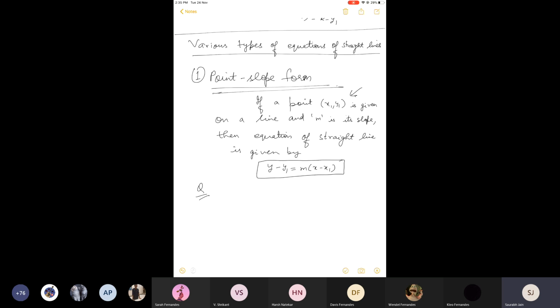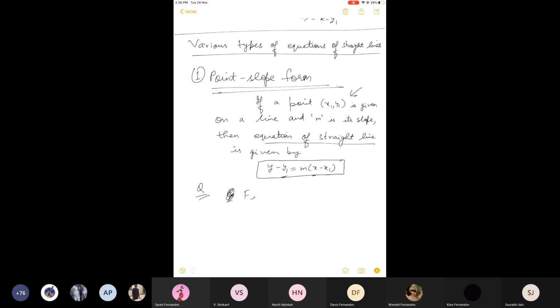Okay, you need three things, or basically two things. One is a point on a line, and the slope. You put all those values in this equation and you will get the equation of that straight line. So the question is, let us take a simple question first.